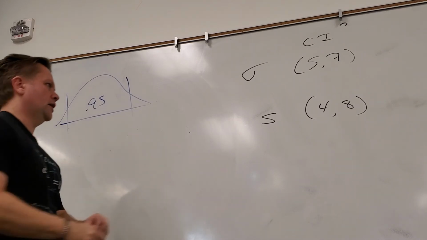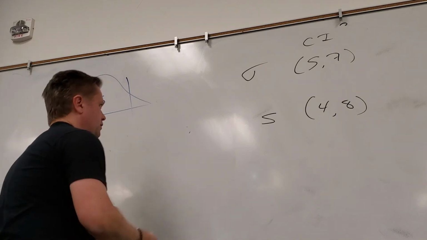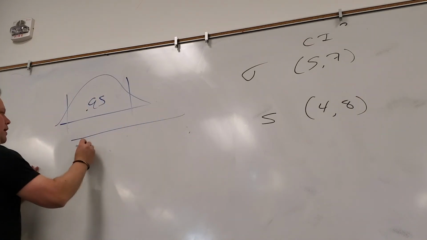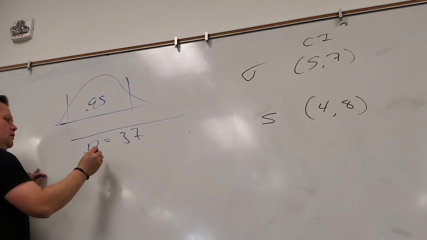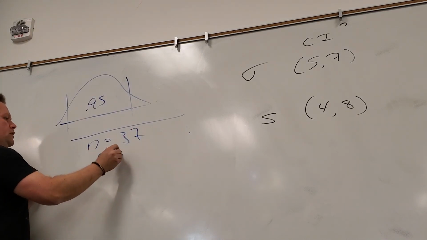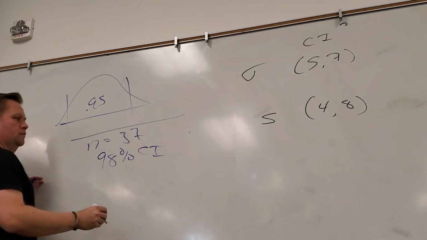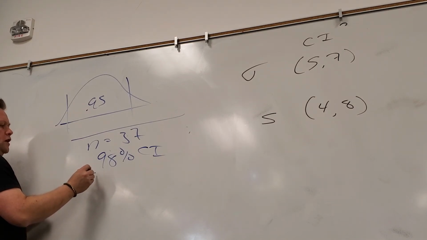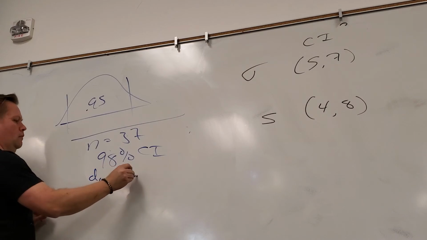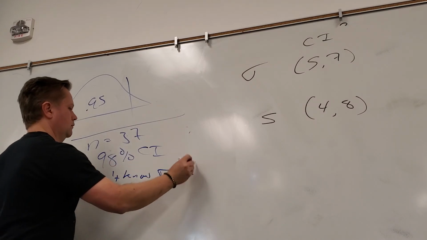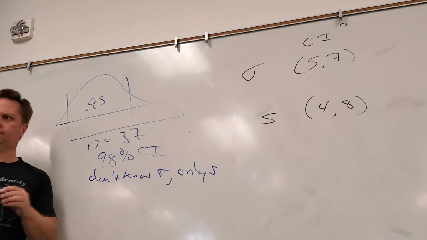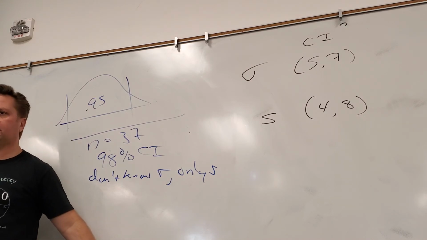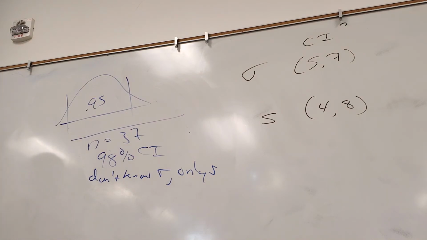Okay, so let's try a couple situations out. Let's say that n is 37. I want a 98% confidence interval. And I know I don't know sigma, I only know S. In fact, I'm going to say this multiple times: why were t-scores invented?